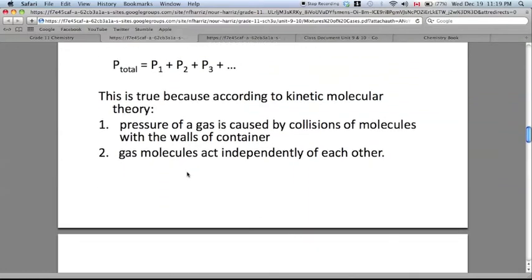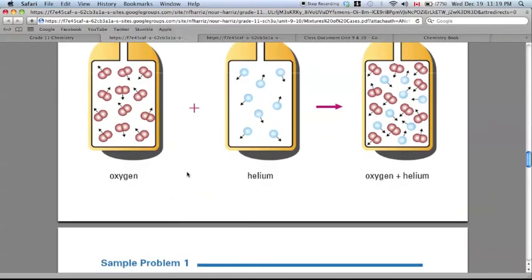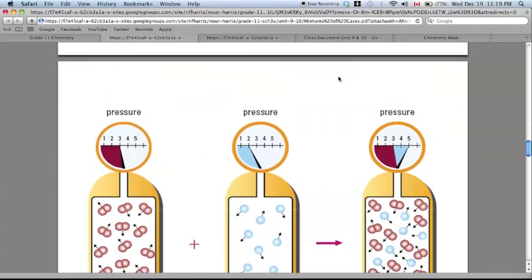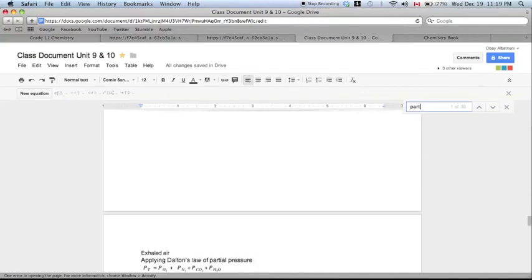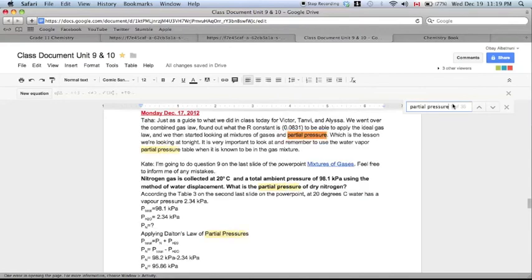So I'm gonna go on the Google Documents and look up partial pressure, because someone probably did a question on partial pressure. I see here straight away there's a question on partial pressure. Since I didn't understand that topic, it's right here for me. I can just go over the question and try to understand it.